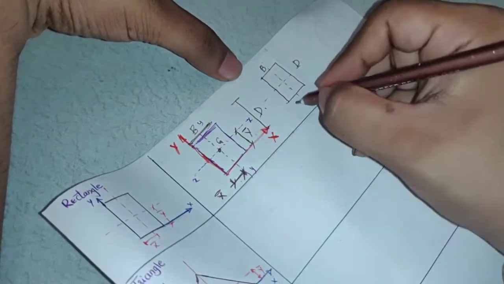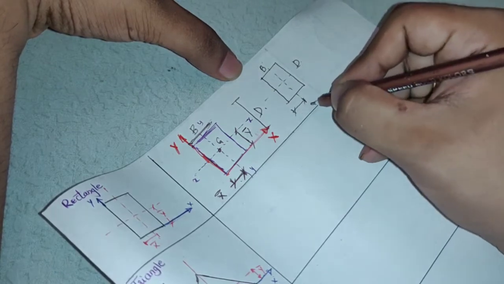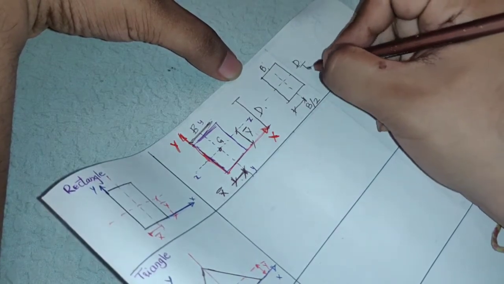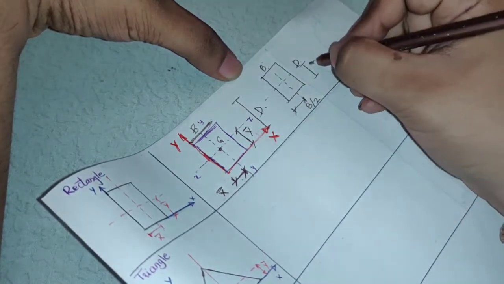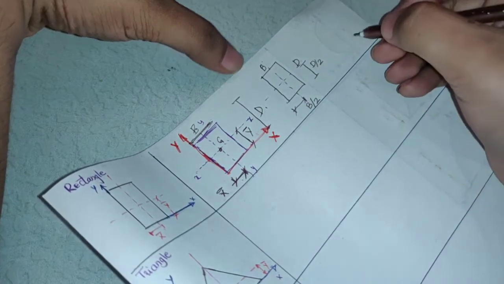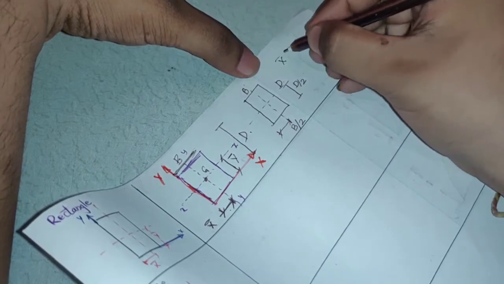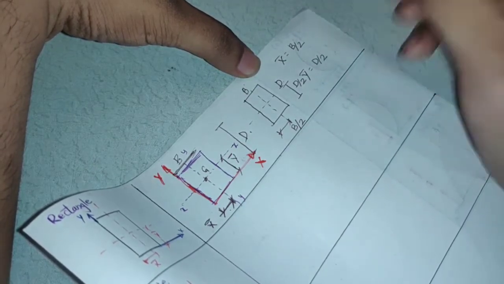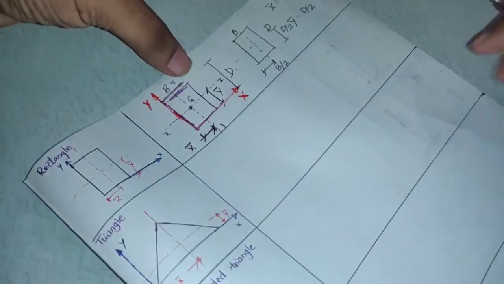So this x bar value with respect to the reference axis Y is b by 2 and y bar with respect to the reference axis X is d by 2. So x bar is b by 2 and y bar is d by 2. Hope you understood this part.